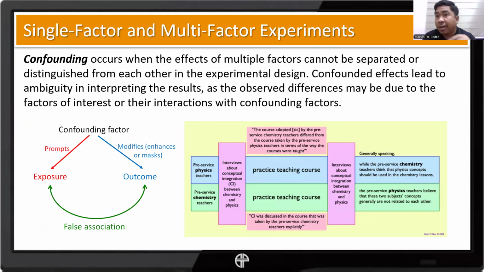Or in short, let's recall the ice cream and drowning incident example that we had in correlation. We said there that it has been observed that whenever the ice cream sales go up, the number of drowning incidents also goes up.